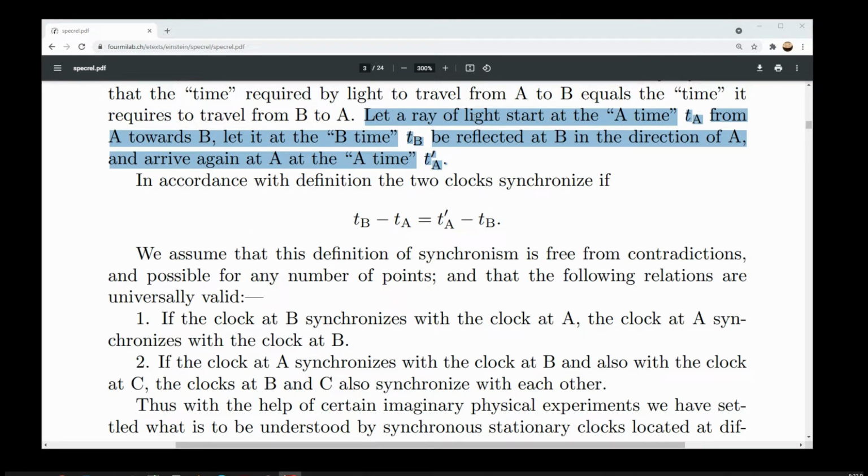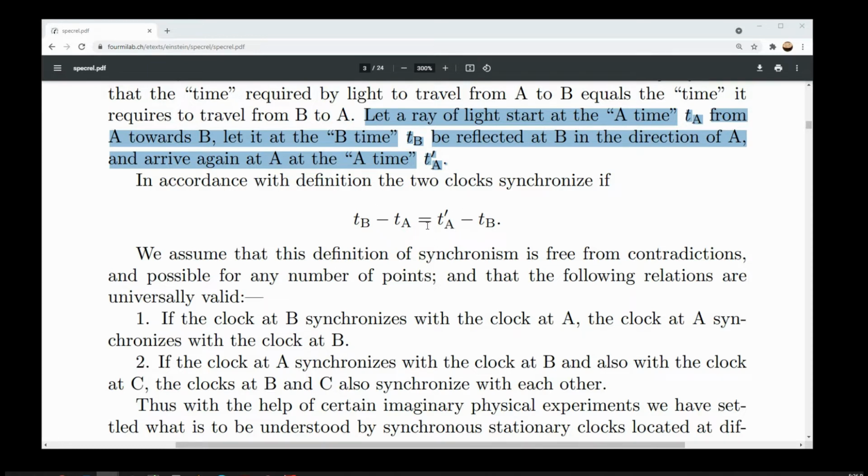Let's read this sentence, and it should match the animation we just went through. Let a ray of light start at the time TA from point A towards point B. Let it at the time TB be reflected at point B in the direction of point A, and arrive again at point A at the time T prime A. It's a very simple word problem, and it gives us this time interval and this time interval.